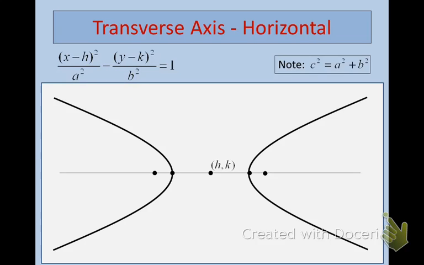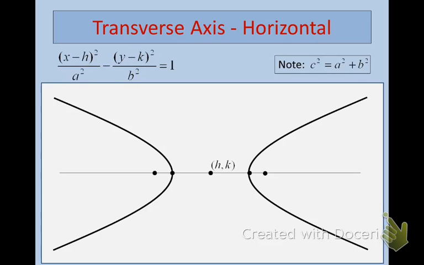Okay, now the difference here is that you know whether you have a horizontal or a vertical hyperbola not based on which denominator is bigger. So if you'll remember, in ellipses, we determine whether it's horizontal or vertical by looking for the bigger denominator and seeing which variable that's under, right? That is not the case with a hyperbola.